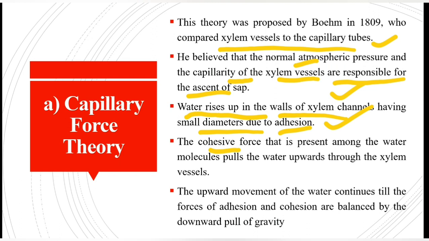The cohesive force among the water molecules pulls the water upward through the xylem vessel. The upward movement continues till the forces of adhesion and cohesion are balanced by the downward pull of gravity. So according to Boehm, the xylem vessel acts as a capillary tube, and due to capillary force, water moves upward to the top of the plant.